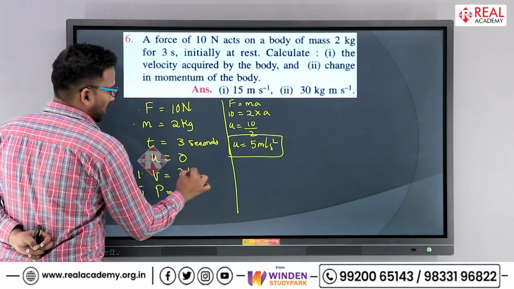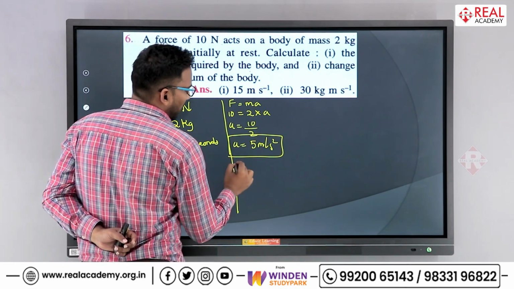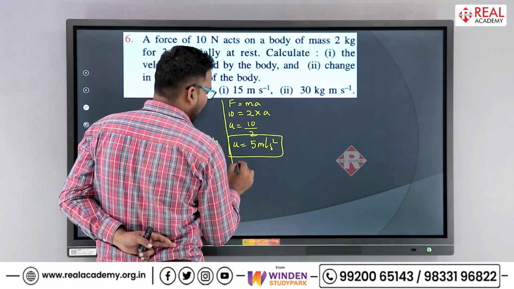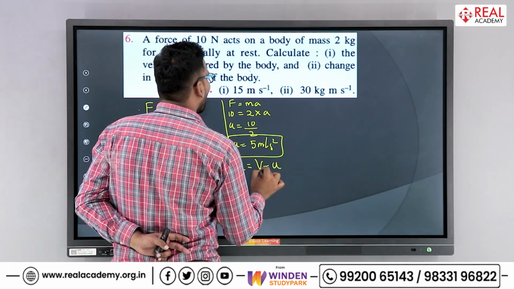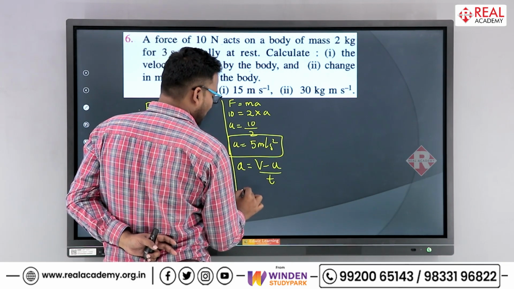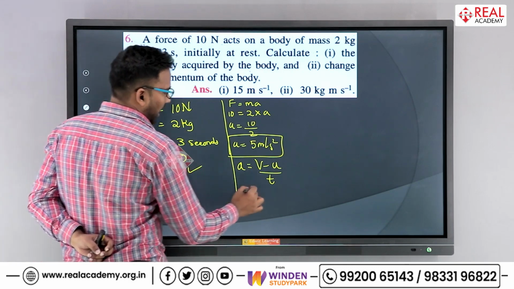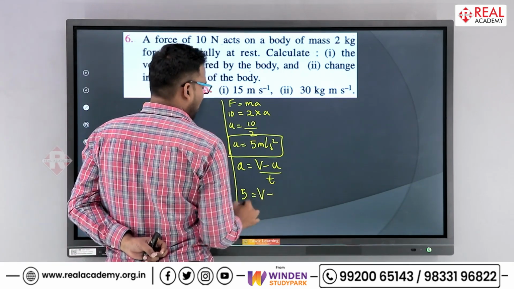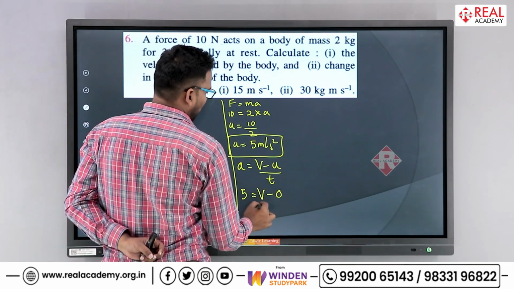And through this acceleration, can I get the value of velocity? Yes. Simply apply the formula for acceleration, v minus u by t, right? So how much is acceleration? 5. What is final velocity? They are asking us to find final velocity. What is initial velocity? Initial velocity is 0, by t.